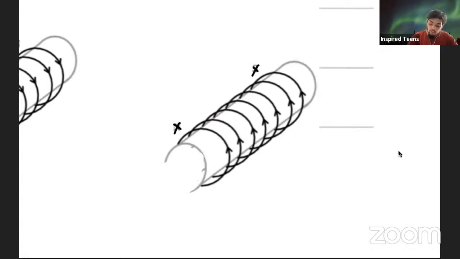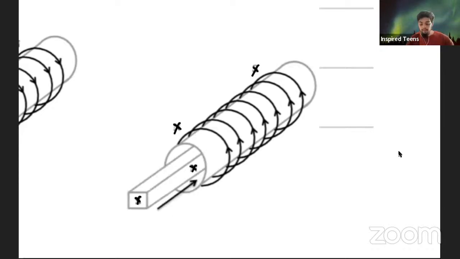If we bring a magnet towards it, current is created. But one thing you need to understand: this is a conductor wrapped around the solenoid, just chilling there, and it has no current passing through it.